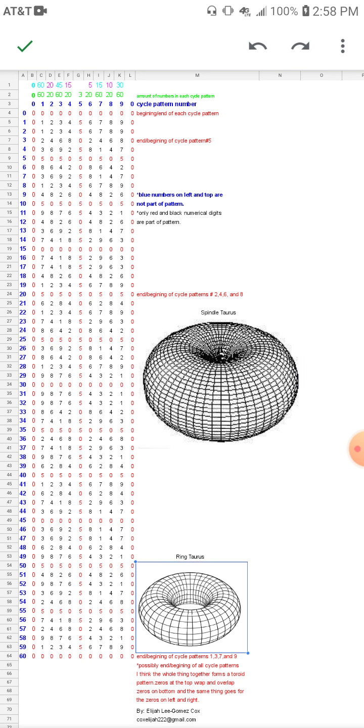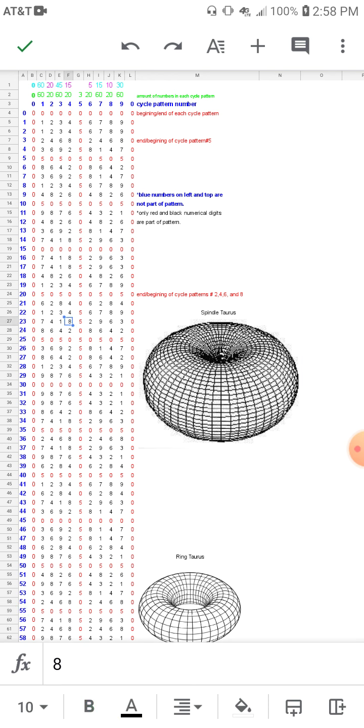The even numbers would form the ring torus, which would be inside of the number 1 spindle torus, which would be a bigger torus, or something like that. However, I don't know where the 5s would fit into that. It looks more symmetrical, and it just looks like it's supposed to be there when you look at it like this.